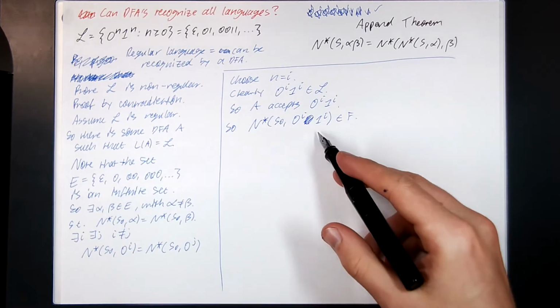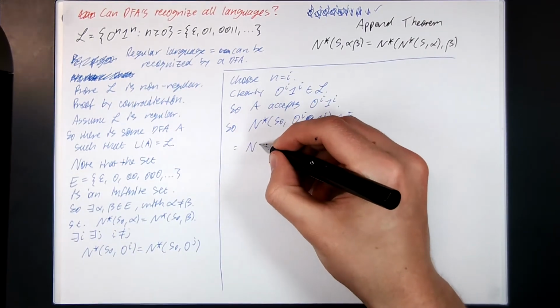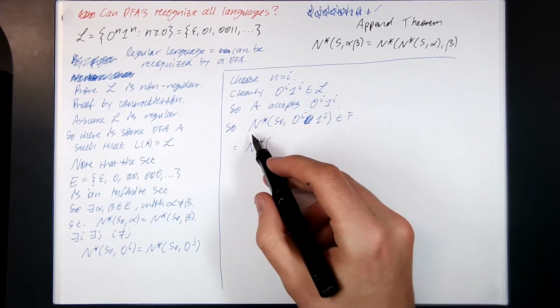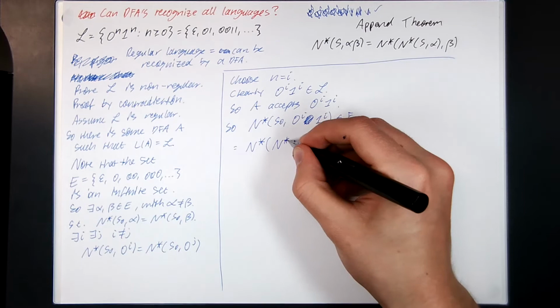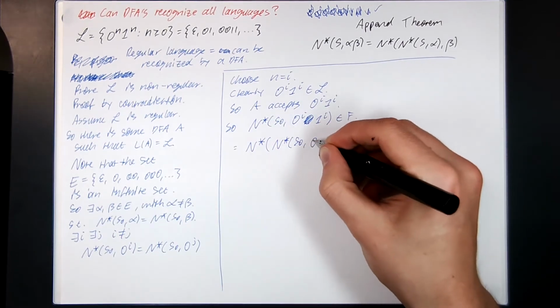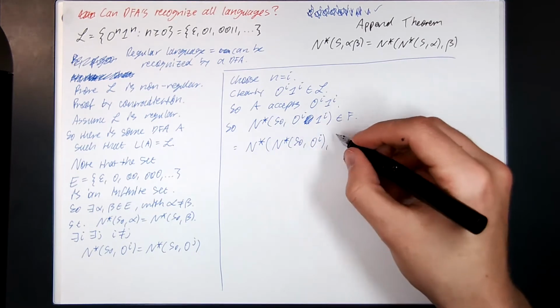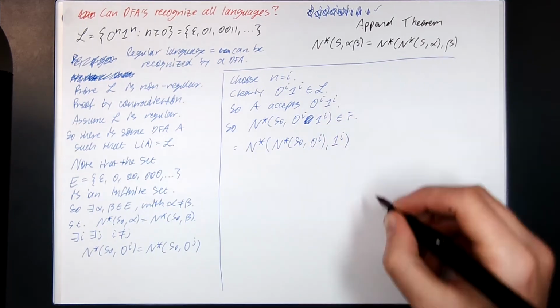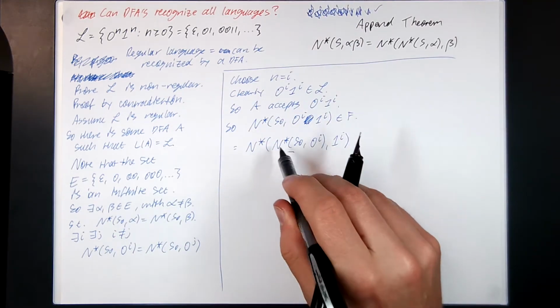Now I can use the append theorem to break this up. So whatever this state is, it's a final state, and it's going to be the same as this state, right? The state obtained from the initial state, reading i many zeros, and then from that new state, reading i many ones. Now, what's this state here in the middle?